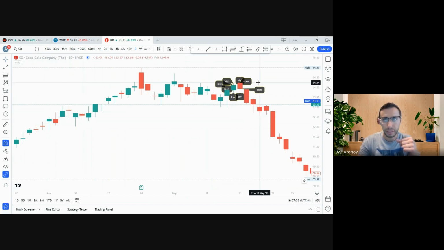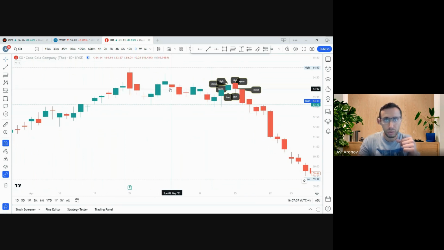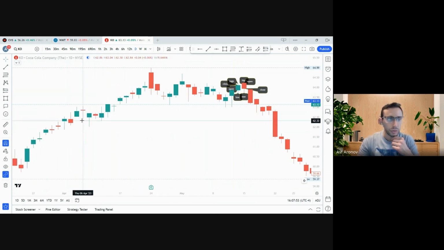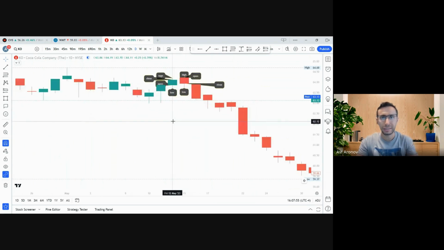But here it opened, went all the way to the bottom and went to the top, and basically went to the next day, but it was a red day overall. Okay, so those are the things about the candles.